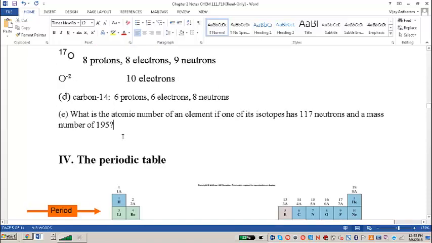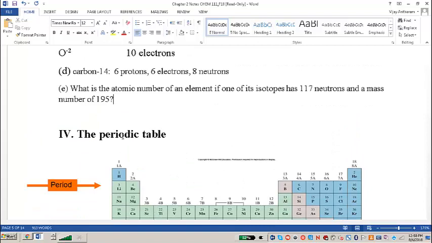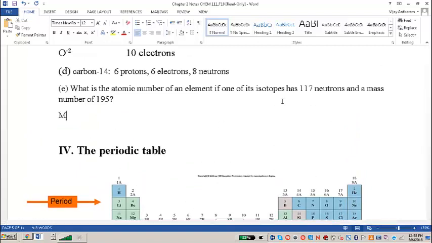All right, what is the atomic number of an element if one of its isotopes has 117 neutrons and a mass number of 195? So 117 neutrons and a mass number of 195. In order to solve this problem, you're going to take the mass number, which is the number of protons and neutrons.